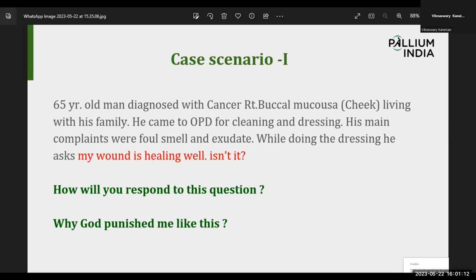Whether how the condition of the wound is, and from there you can slowly speak with the patient and teach the patient how to take care, how to do the cleaning.